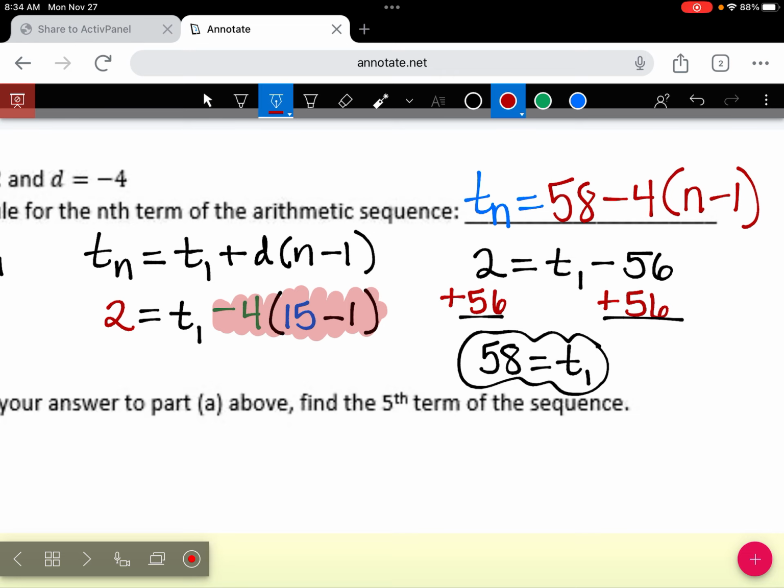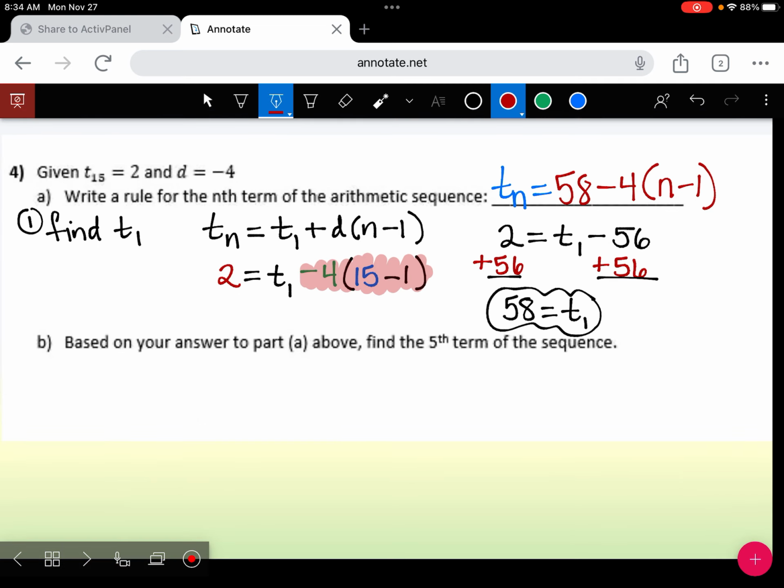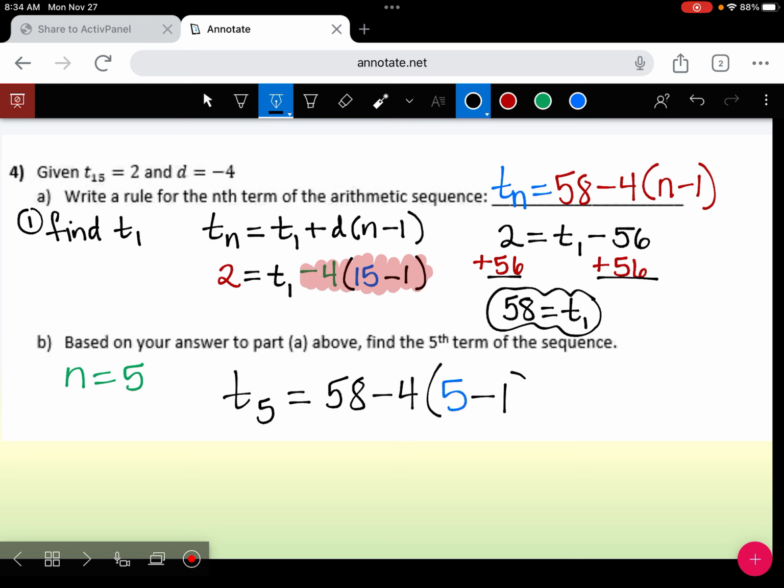So now use that rule to find the 5th term. And then that 5th term, that means that n equals 5. So to find the 5th term, you can actually just type this whole thing in the calculator, just like so.